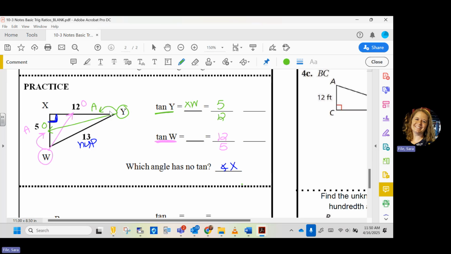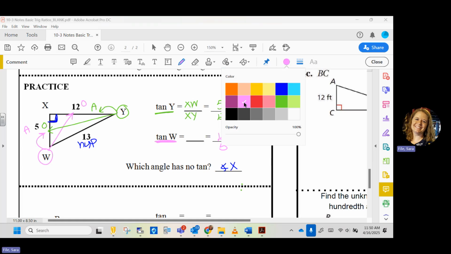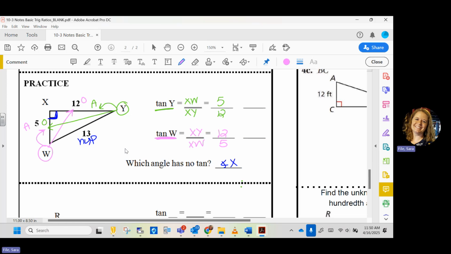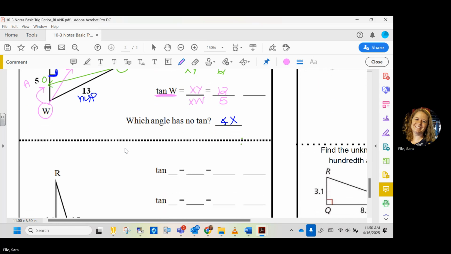The adjacent side was XY. But when I switched the angle I'm measuring from to W, XY is the opposite and XW is the adjacent. So if you prefer to put the segment name there for your notes instead, you can do that as well. I think that might have been what they were intending.